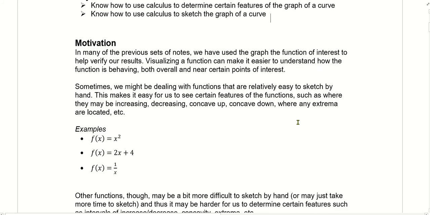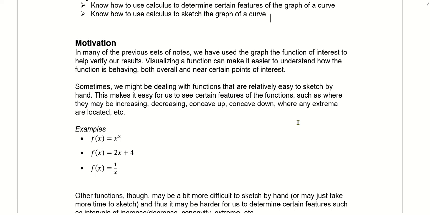Okay, so like we've seen in the previous several sets of notes, we've used graphs of functions to help verify our results, like when we were looking at intervals of increase or decrease at the end of topic 8. We would pull up a graph of the function and just verify our results. Same thing with concavity, same thing with extrema. So visualization can be really nice to see how a function is behaving overall and at certain points of interest.